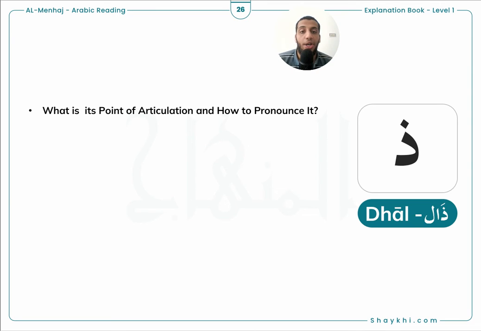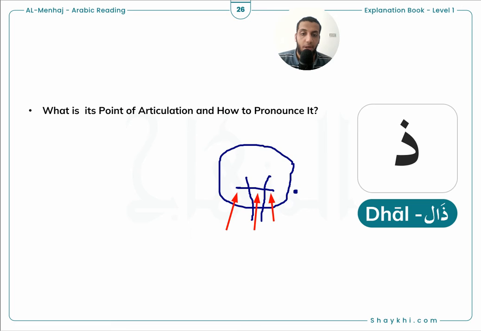This is the point of articulation, but from which part? Let's imagine that this is the tongue, and the mouth is here, and we always divide the tongue into three parts: the top of the tongue, the middle of the tongue, and the back of the tongue.